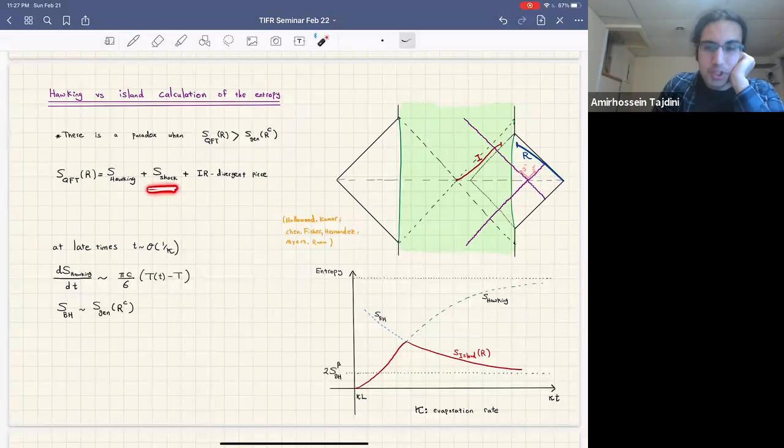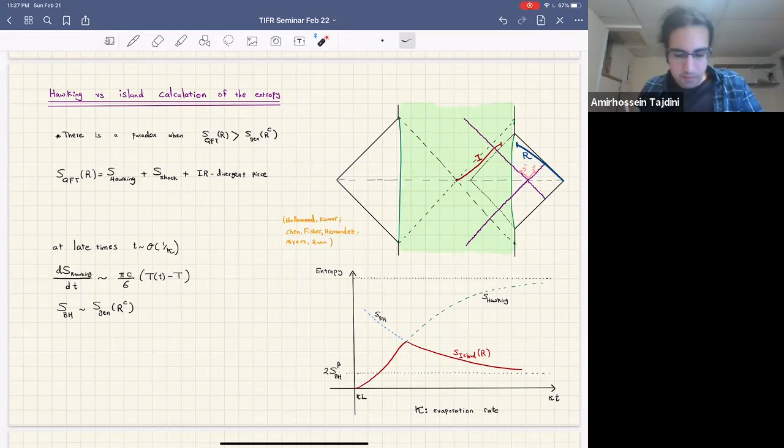This will be subdominant and won't play any important role, but depending on what matter you use, you can change this entanglement entropy between your right-moving shocks and left-moving shocks. And there will be some IR divergent piece, because the region we consider is of infinite length.